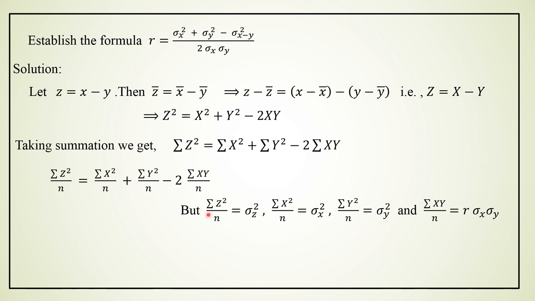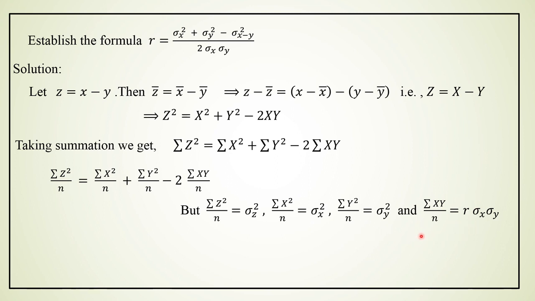But we know that summation of z square by n is equal to sigma z whole square, that is the standard deviation of z whole square, and summation of x square by n is sigma x square, summation of y square by n is sigma y square, and summation of xy by n is r into sigma x into sigma y, where r indicates the coefficient of correlation.